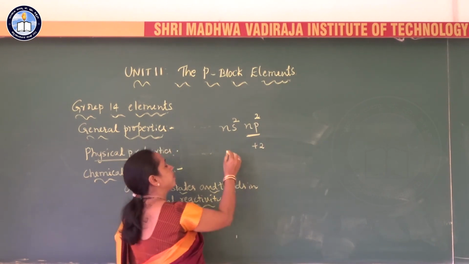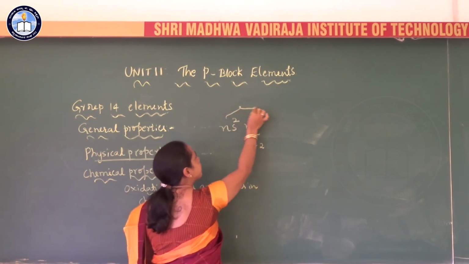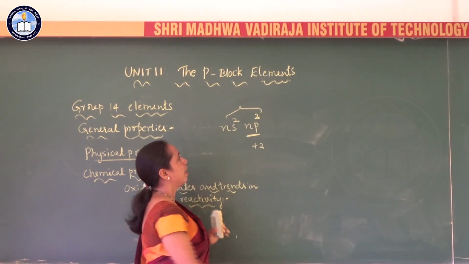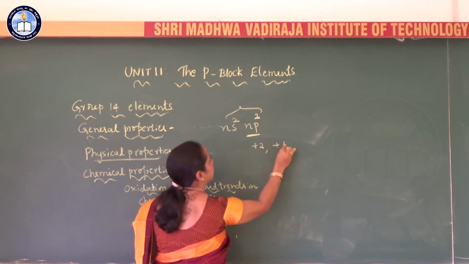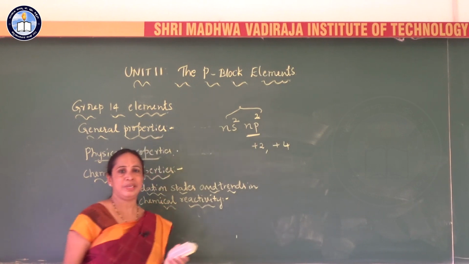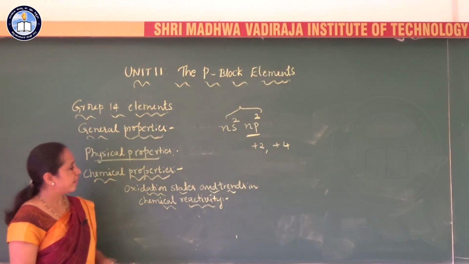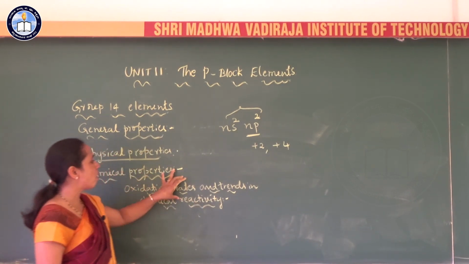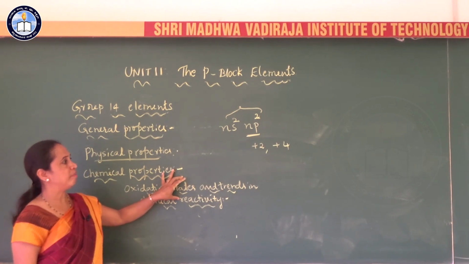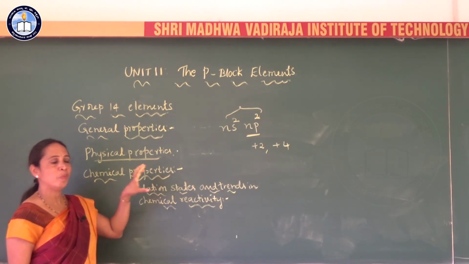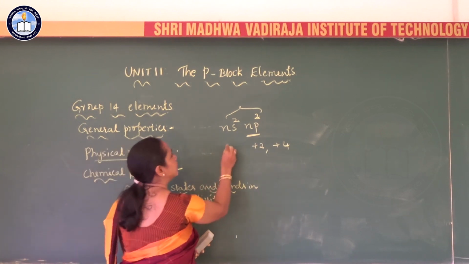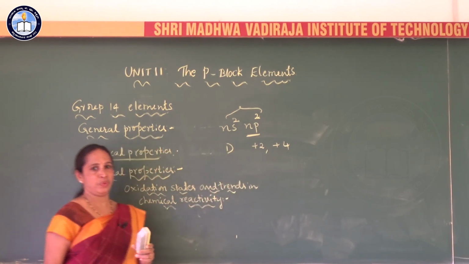Sometimes they lose both s and p electrons, and they exhibit +4 oxidation state. So the common oxidation states exhibited by the 14th group elements are +2 and +4.